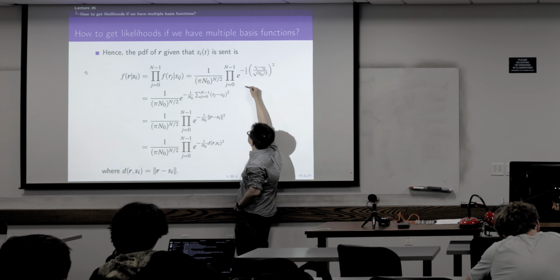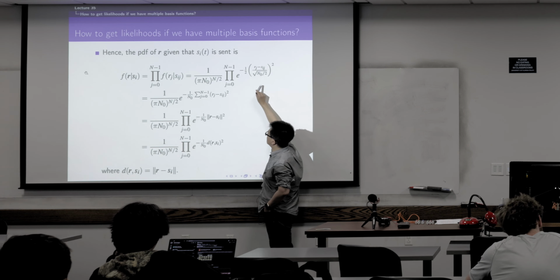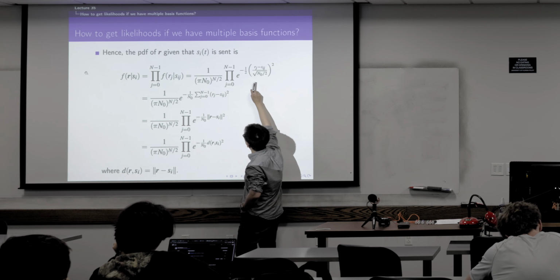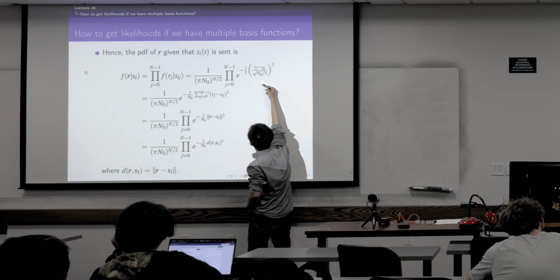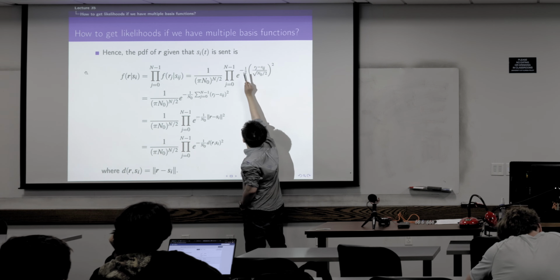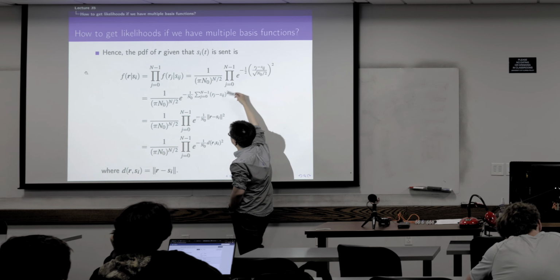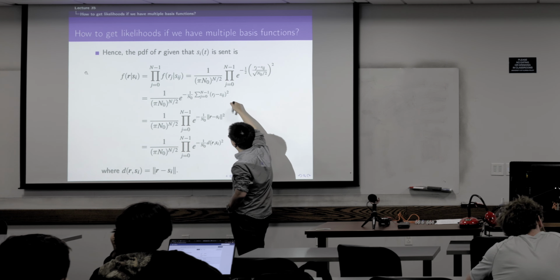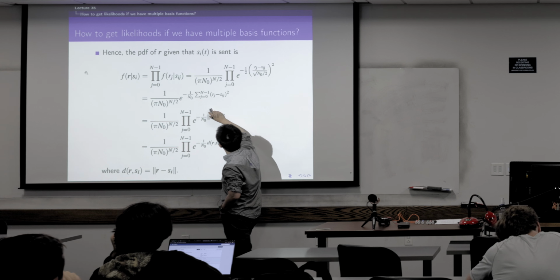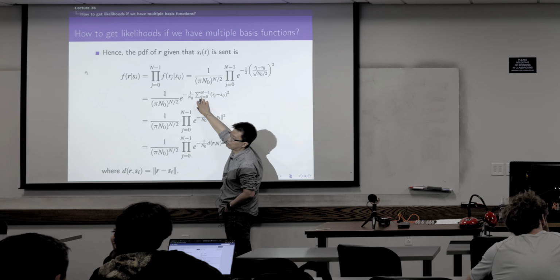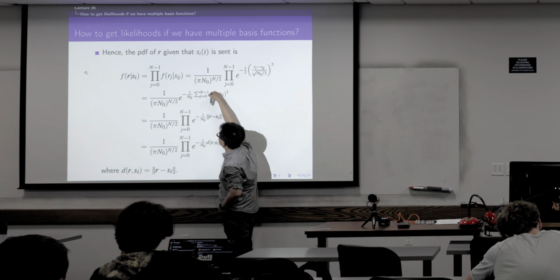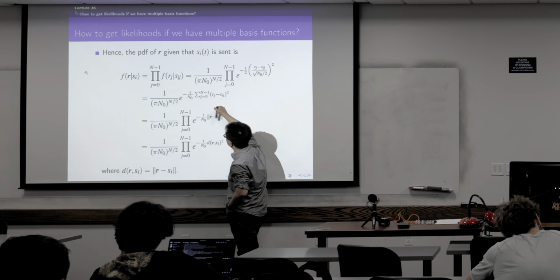This is the PDF of each individual Gaussian distribution. Then we manipulate a little bit to get rid of these two, they will cancel, and this is what we get. This product becomes a summation on the exponent, since we multiply them all together.